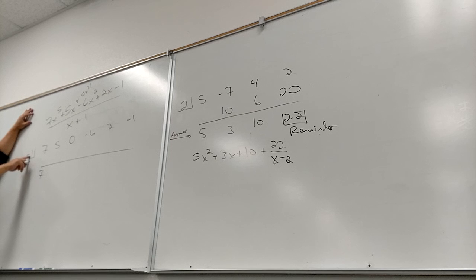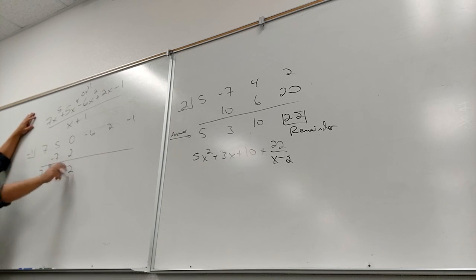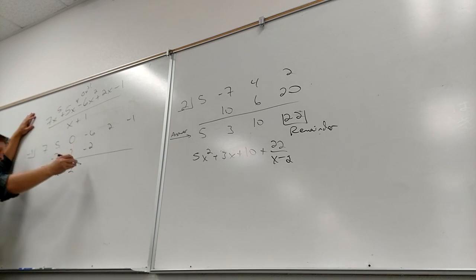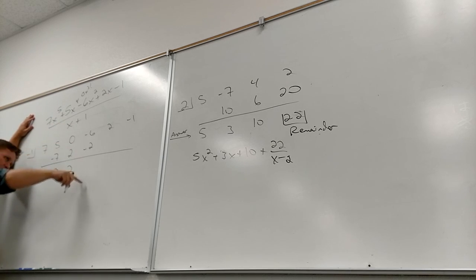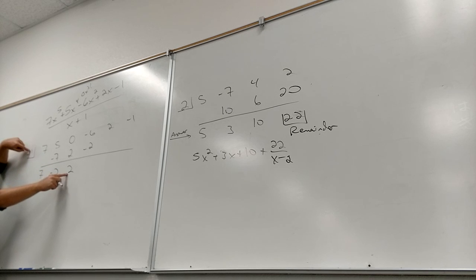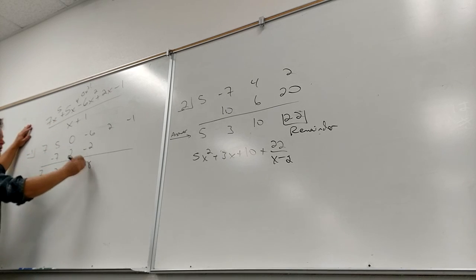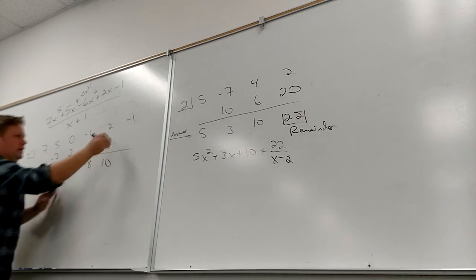And then, -1 times 7 is -7. Add. -1 times -2 is 2. Add. Multiply. Multiply, right? Multiply. Add. Multiply.